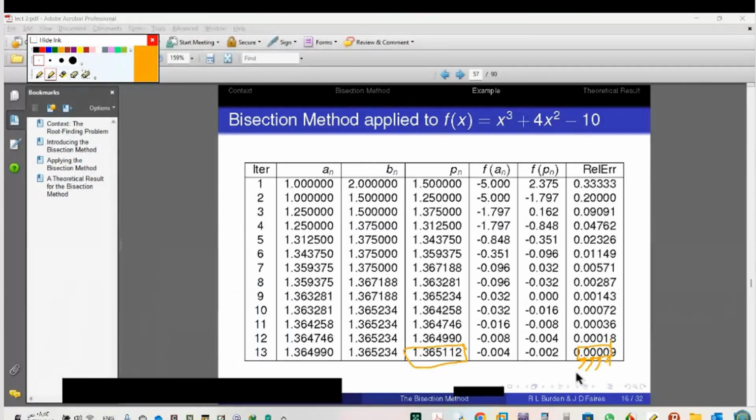I will calculate until this error. If I find this error, I will say this is my answer: 1.365112.